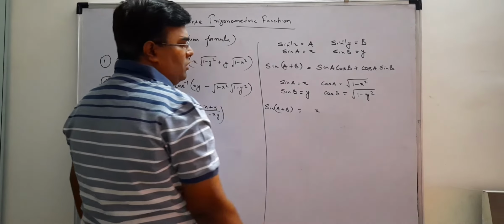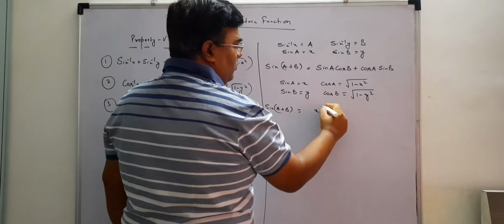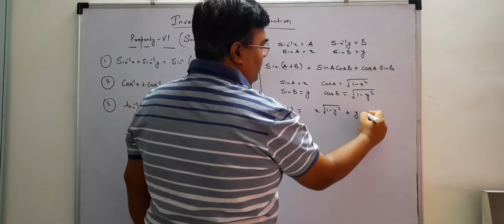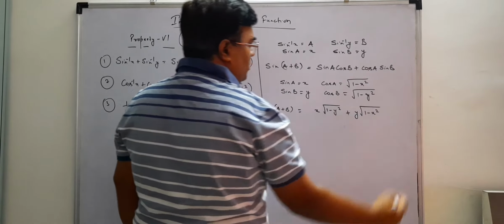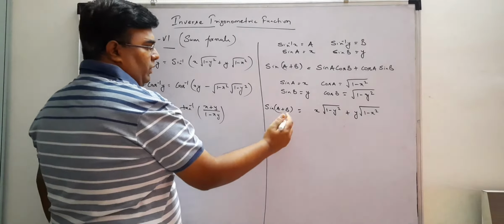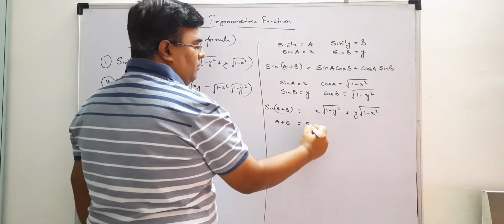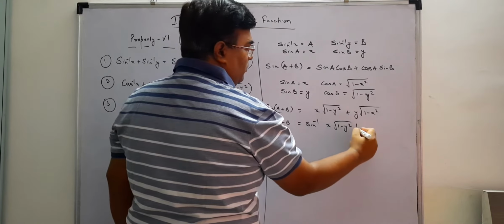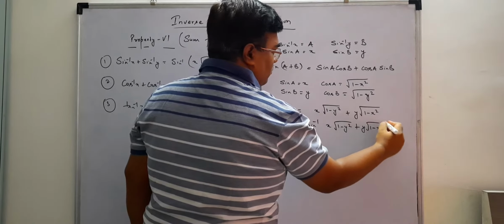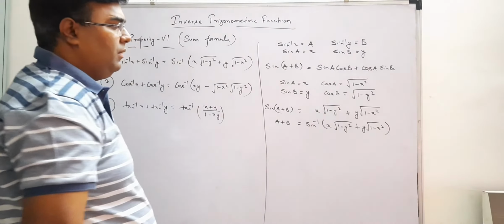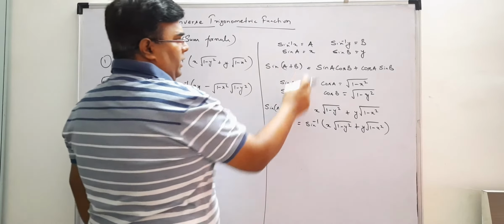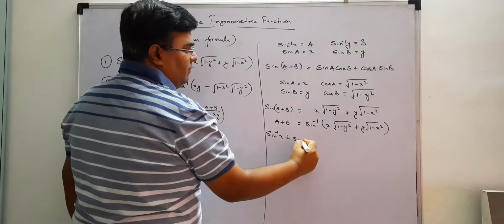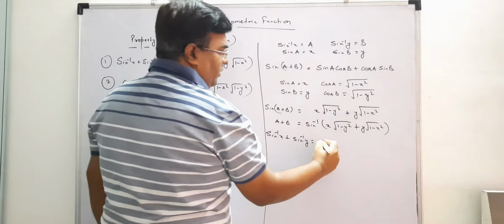X. Cos B is the square root of 1 minus y square, plus sin B, which is y, and then cos A. So A plus B will become sin inverse of that expression. Now what is my A plus B? A means sin inverse x and B means sin inverse y. So we got the value.